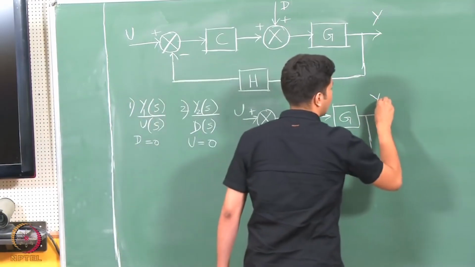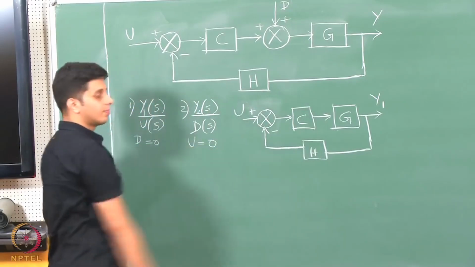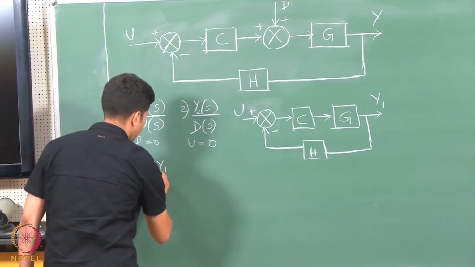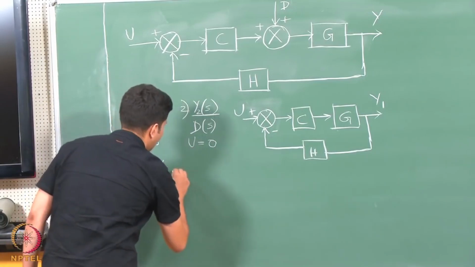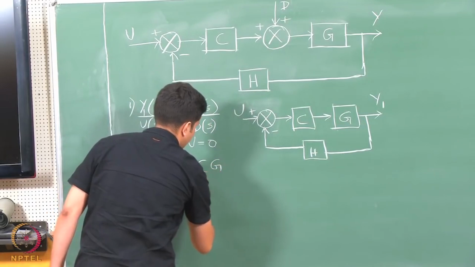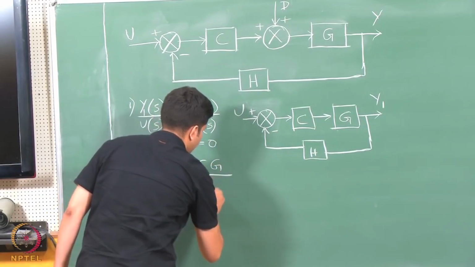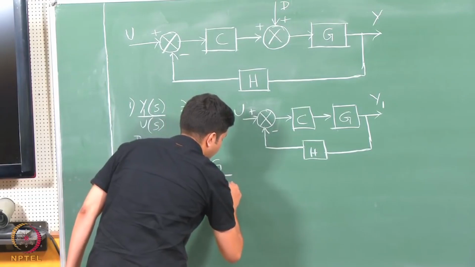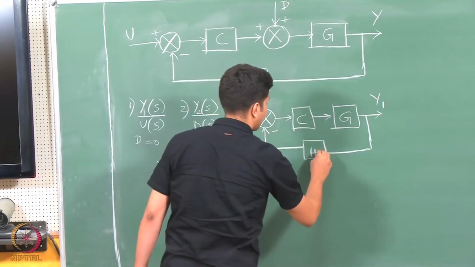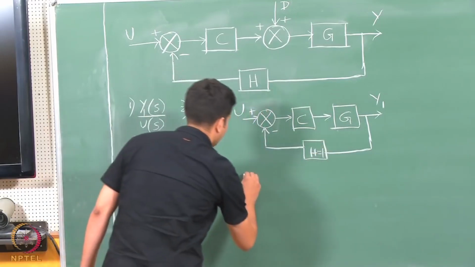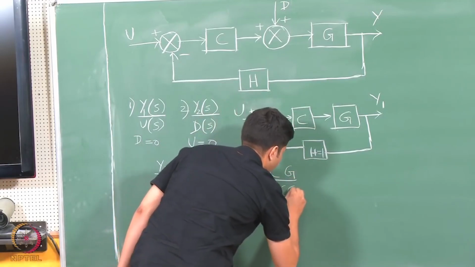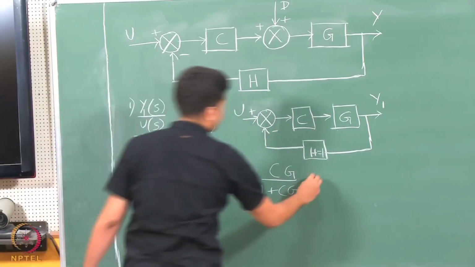So, this is y1. Now, this is a very simple feedback loop, and we know the transfer function of it directly. So, y1 by u is nothing but the forward loop transfer function C into G by 1 plus C into G into H, the feedback transfer function. Now, for the sake of simplicity, we will even take H equals 1. So, then our transfer function becomes C G by 1 plus C G. Okay. So, this is 1.